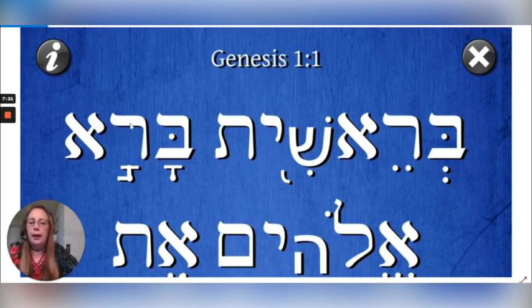And here we have another r. Again, this here is a cantillation mark, so we're going to ignore it. We're not going to sing right now. So far we have Bereshit, bara.